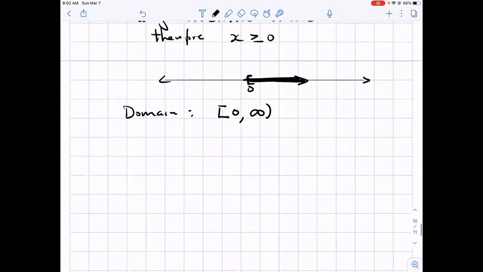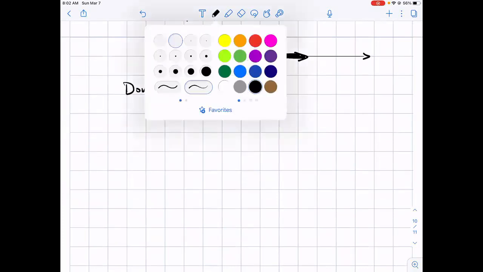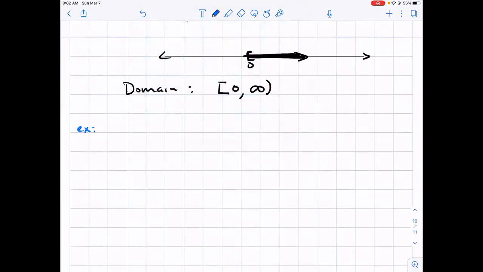Now if you look at another example, let's say g of x is equal to x squared plus 2x. Identify the domain.